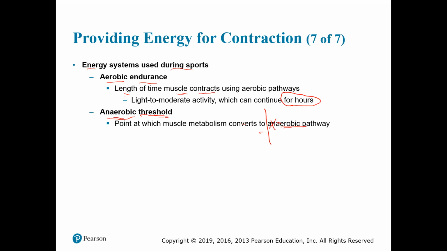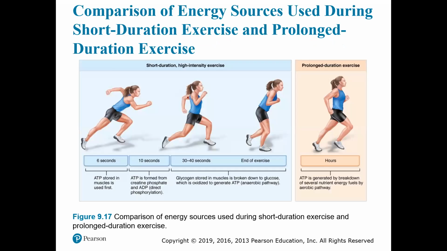So there's a threshold which changes as far as how you consume oxygen. For me, I would need it after 55 meters. For some of you, maybe after a mile. So it really does depend. So you can see, the first 6 seconds is just that creatine phosphate, or the first 10 seconds or 15 seconds.